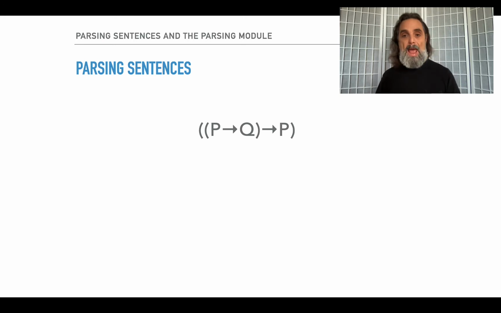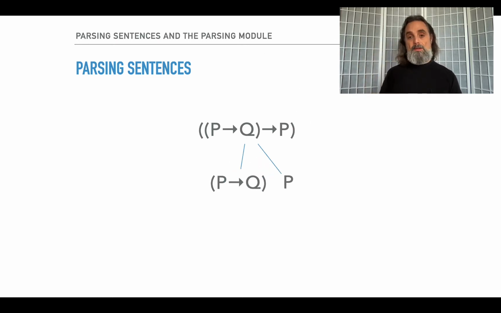Well, we added that arrow on the right to the P on the one hand and the parenthesis P arrow Q parenthesis on the other hand, and so we can break that down into its pieces, the P and the P arrow Q. And we eliminate from this level of the tree the right arrow and those external parentheses, because that's what was added in building that top sentence.